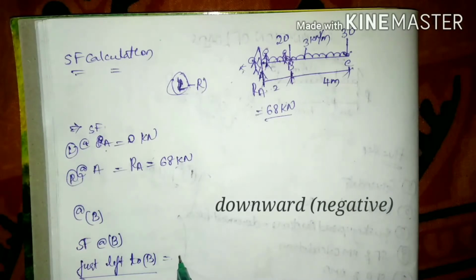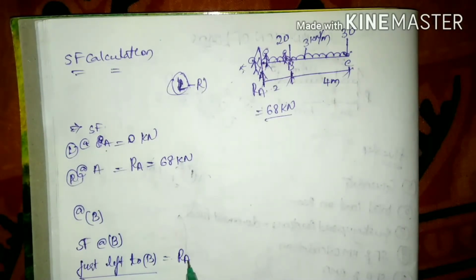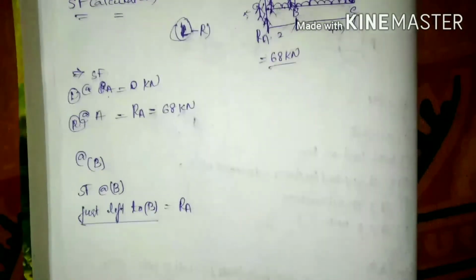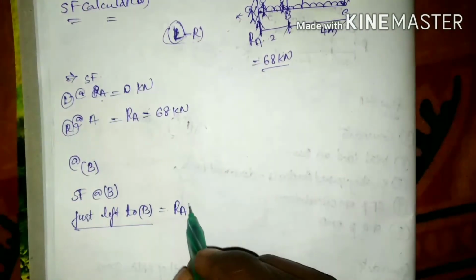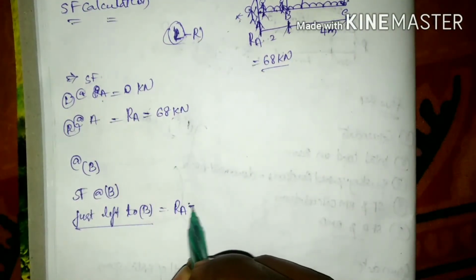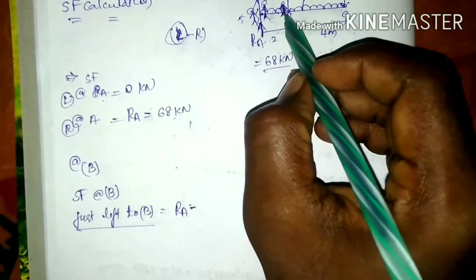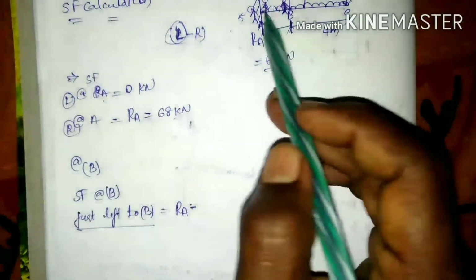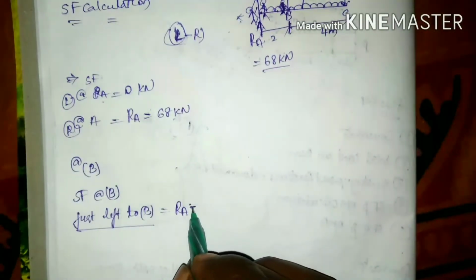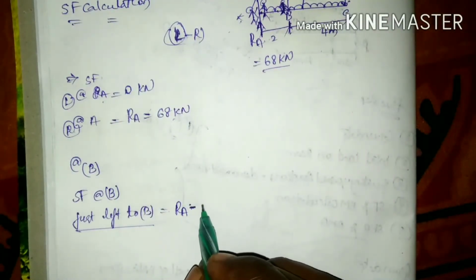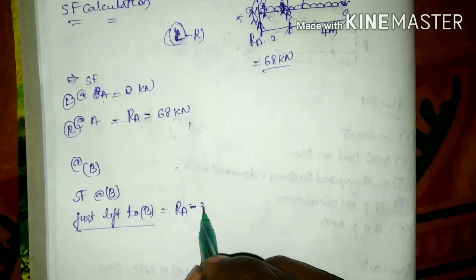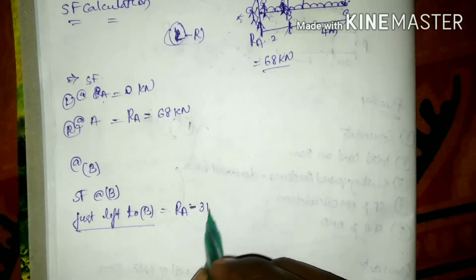RA is in the upward direction, so it is positive, and the UDL is in the negative direction. We are standing only left side of the B, so I am going to find only RA and the UDL. So RA minus the UDL, which is 3 kilonewton per meter.